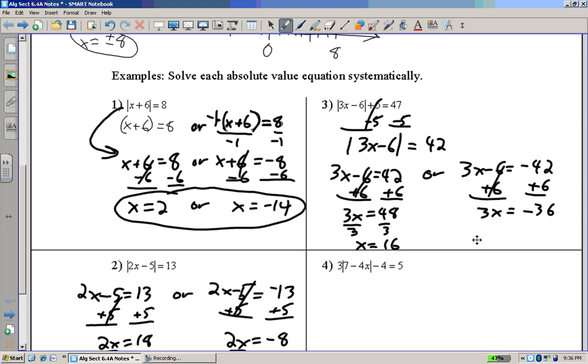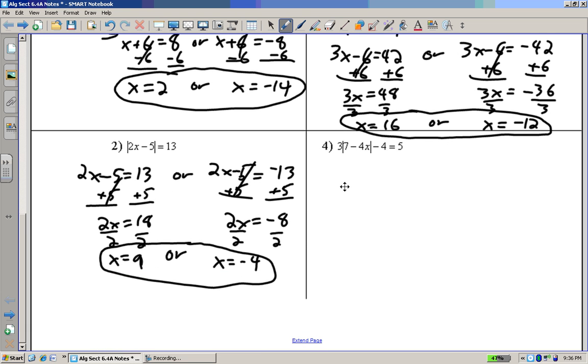Again, we're going to divide by 3, and x equals negative 12. And again, we want to plug these back in, make sure they work, but for the moment, this will do. Let's continue. Now again, there's extra stuff here.